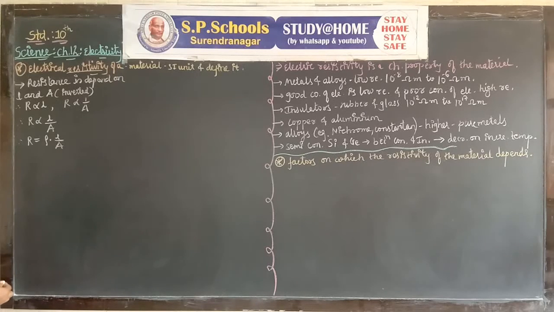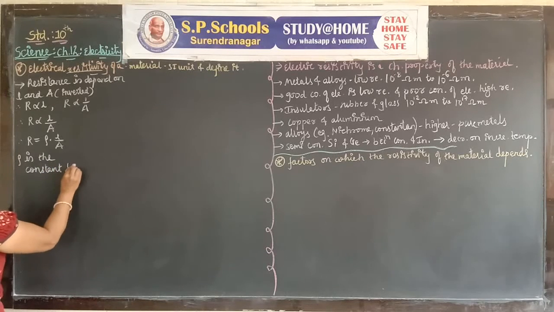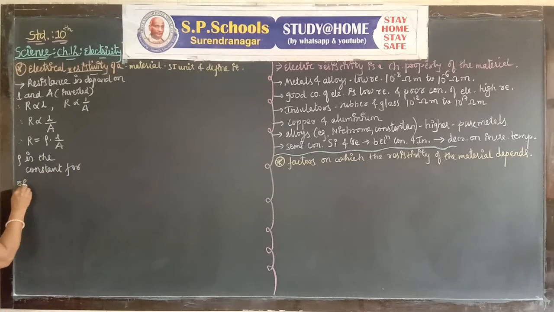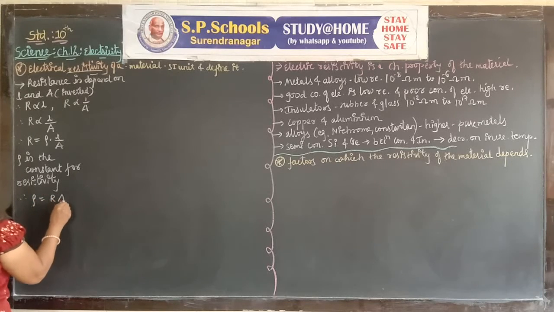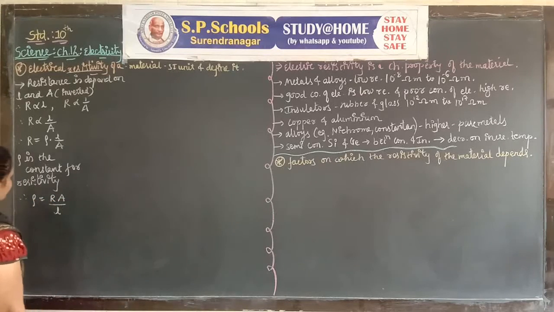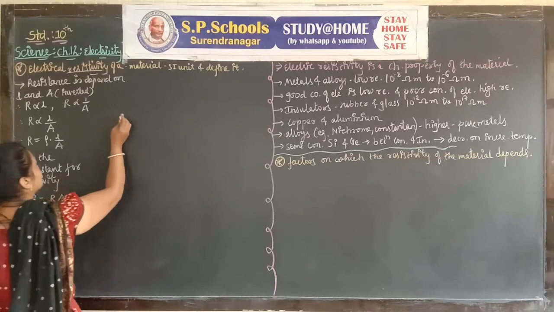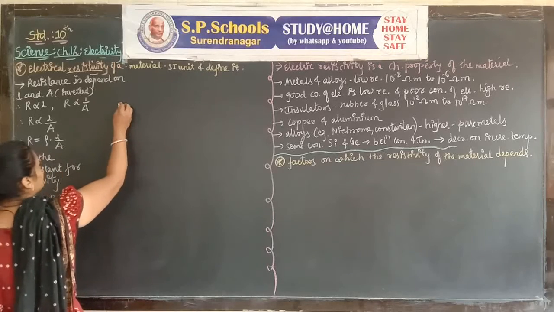Here rho is the constant for resistivity of a resistance. If we make rho the subject, rho is equal to R into A upon L. Now we find the SI unit of rho.